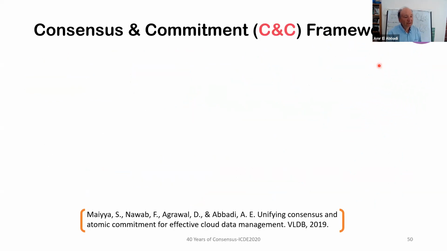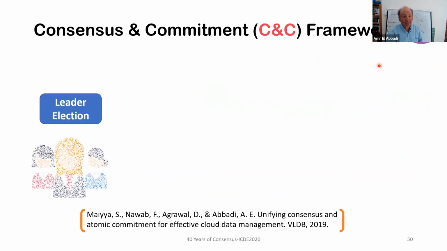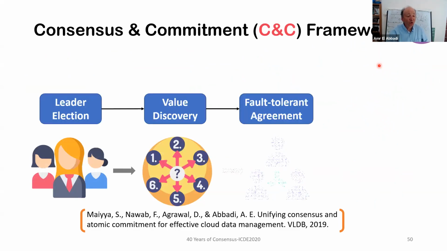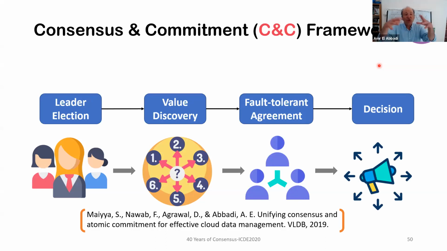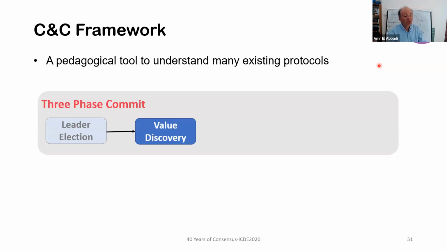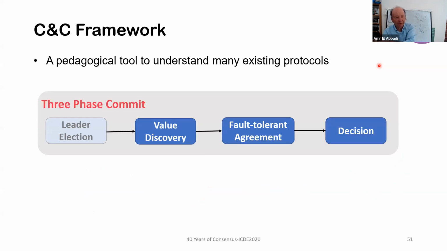So what we did in 2019, at VLDB last year, was propose a framework, the consensus and commitment framework, which takes all of these different phases and shows how the different protocols are instances of them. It's a very nice pedagogical tool to understand existing protocols. Three-phase commit has a leader election, which is only done if there was a failure. And then there's definitely a value discovery, fault tolerance, and decision.